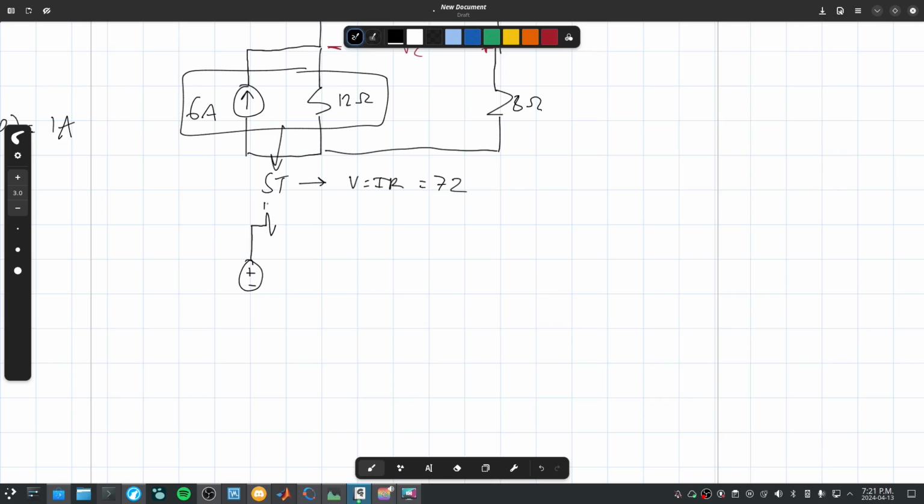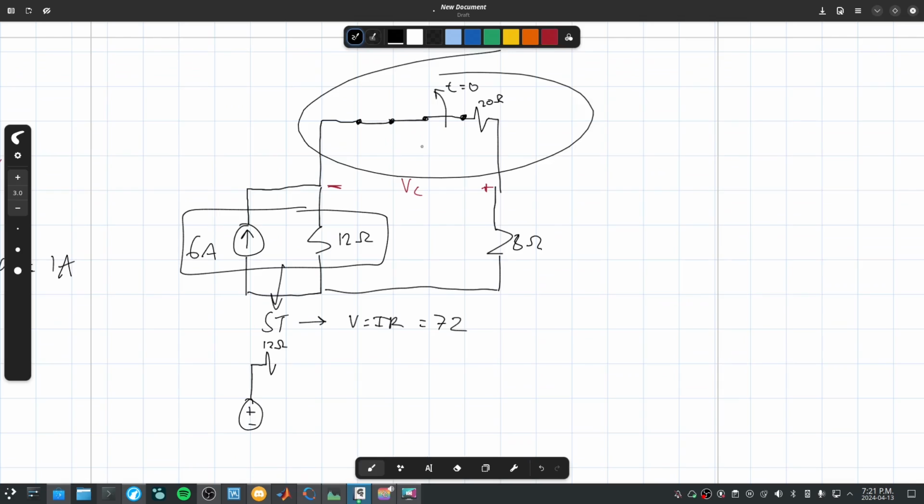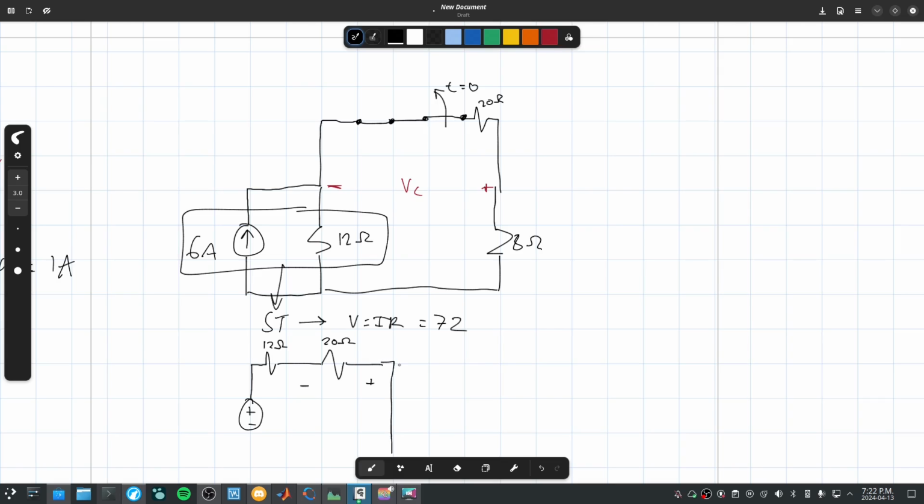This is 12 ohms. And we can simplify this entire part to be, so this is the negative terminal. This is 20 ohms. This is a positive terminal.